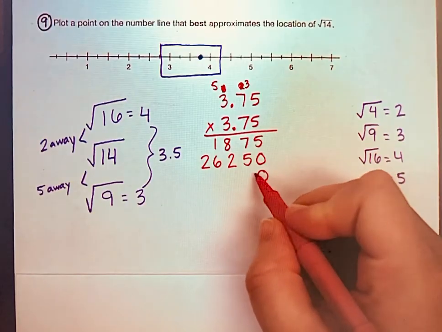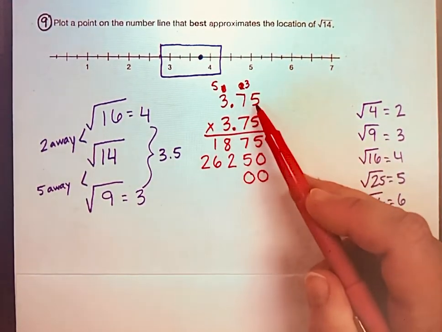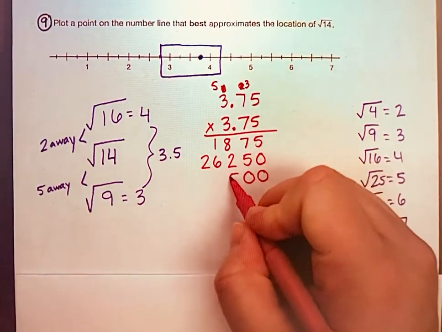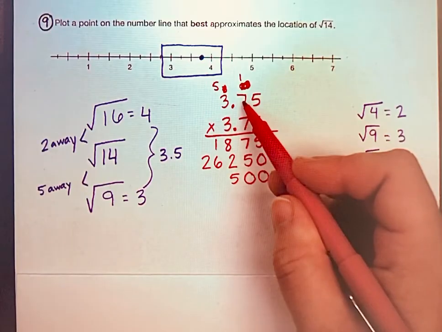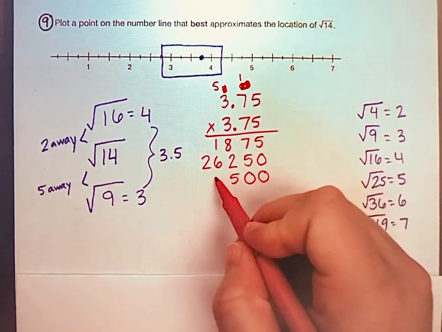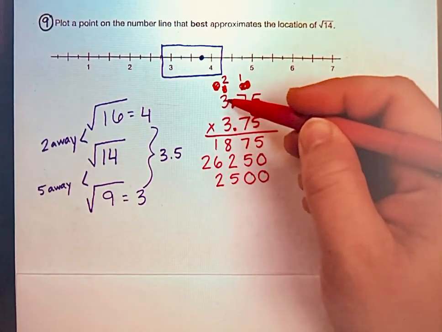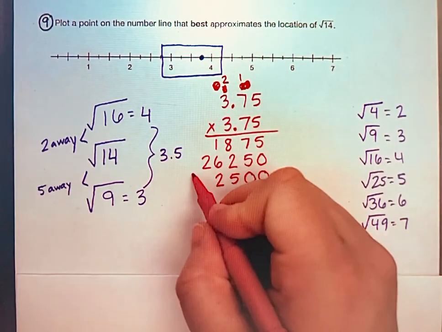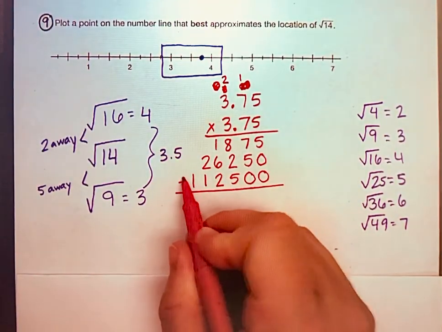Now don't just add a 0, I add 2 zeros now because I'm moving on to my last number. 3 times 5 is 15, carry my 1. 3 times 7 is 21, plus 1 is 22, carry my 2. 3 times 3 is 9, 10, and 11. And you just add all of that together.